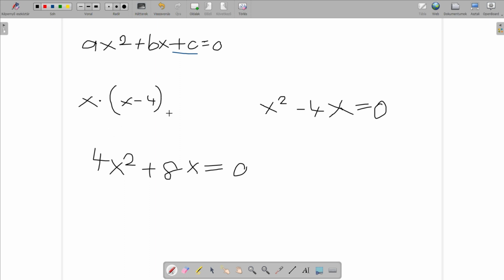That's something that people might mess up sometimes, but it's not that big of a deal. So that's 0. So either x or x minus 4 should be equal to 0. When is x equal to 0? When x is 0. And when is x minus 4 equal to 0? Well, that's when x equals 4, or 0 plus 4, if you want to make it even more clear. So that's another solution.